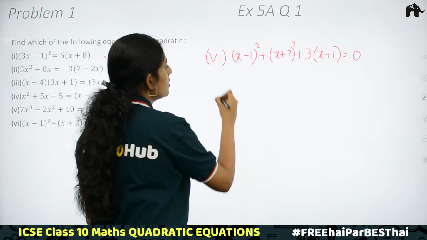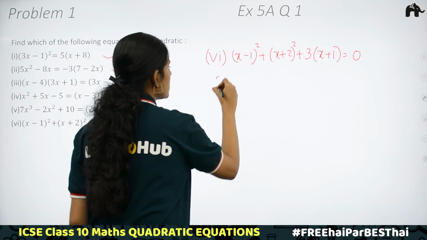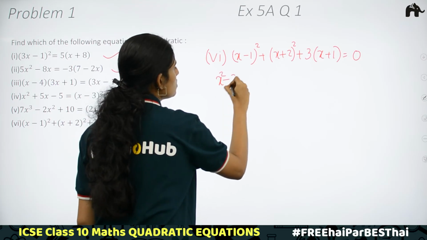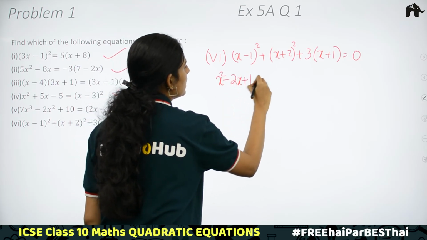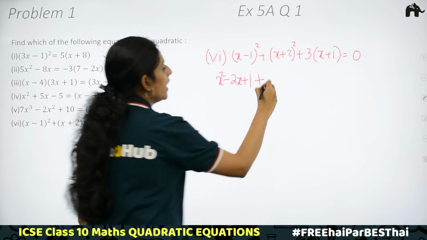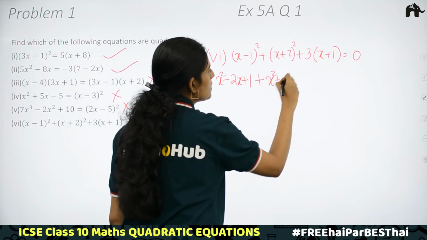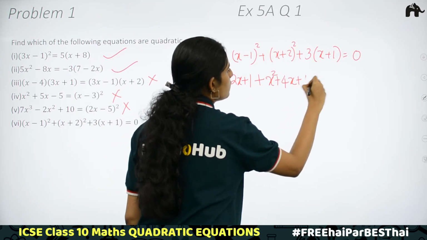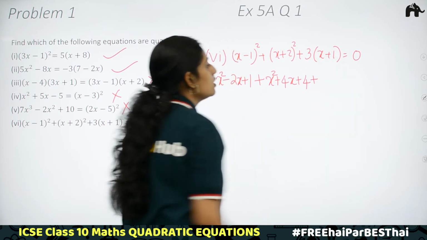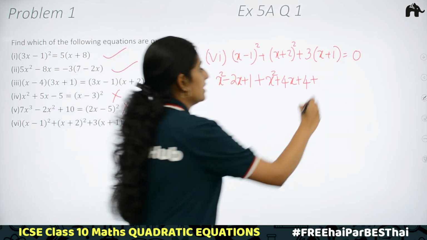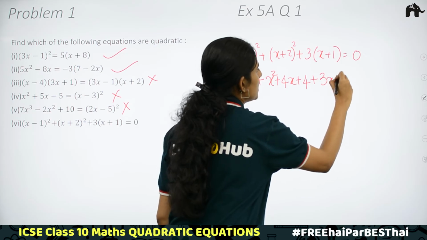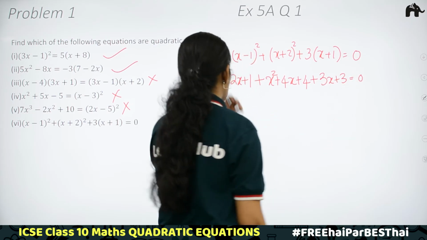X minus 1 whole square is x square minus 2x plus 1, plus x plus 2 whole square, x square plus 4x plus 4, plus 3 into x plus 1, that is 3x plus 3, is equal to 0.